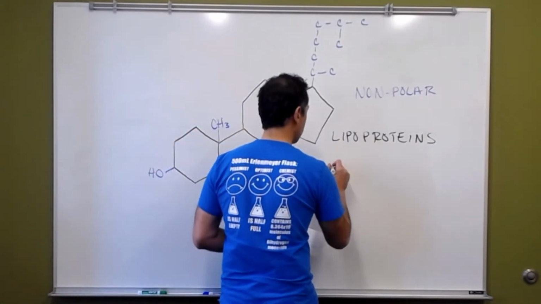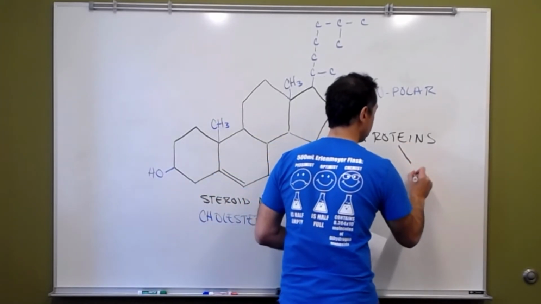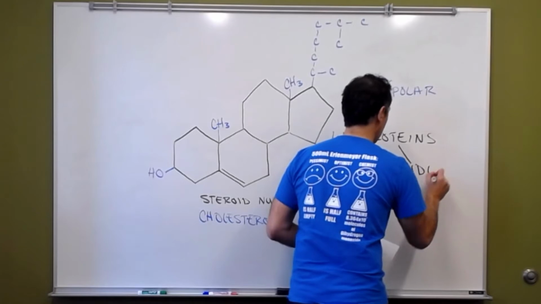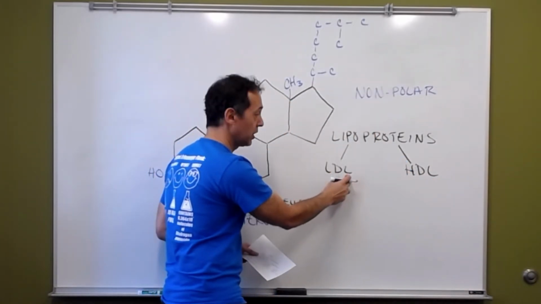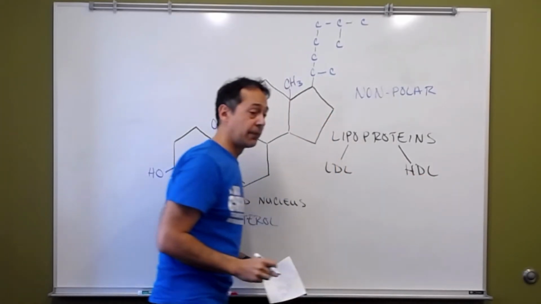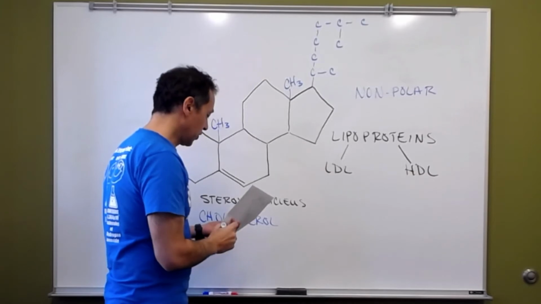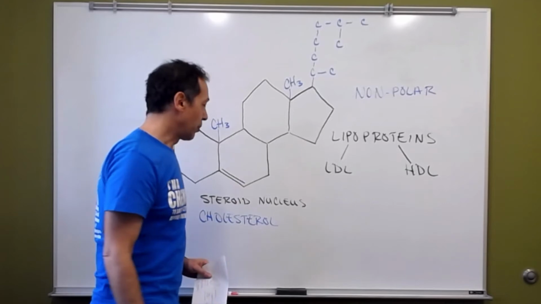There's LDL and there's HDL. And what this stands for is low density lipoprotein, and this is high density lipoprotein. And the basic functions of these is these are going to be transporting cholesterol throughout the body.